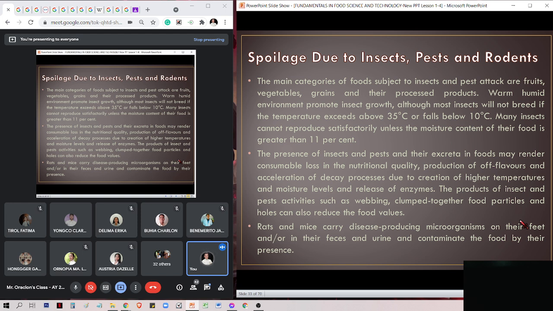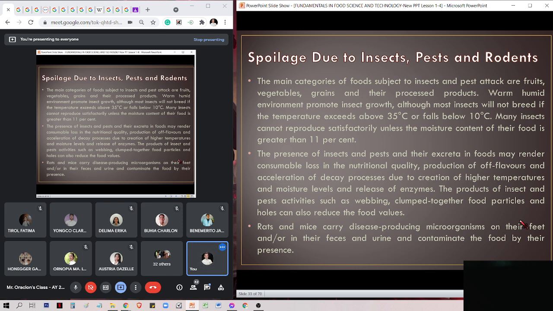Once there are insects, pests, or rodents in the area, or the food, for example fruits, is being attacked, the possibilities are high that it would lead to deterioration. Rats and mice carry disease-producing microorganisms on their feet and in their feces and urine, and contaminate the food by their presence.